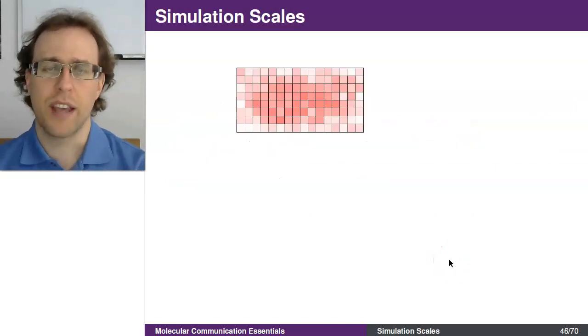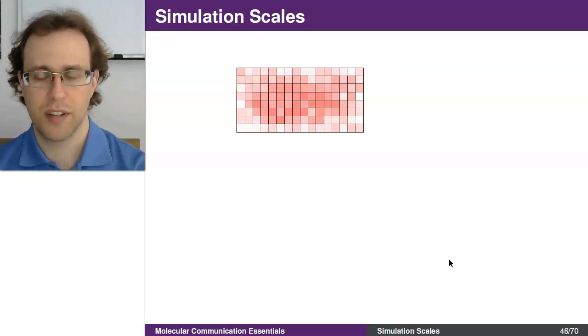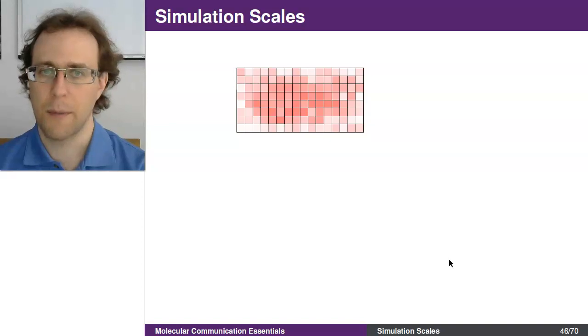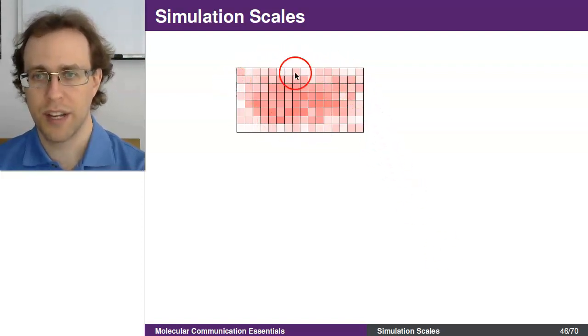So the simulation scales. Depending on the physical dimensions that you're considering and the levels of activity and the numbers of molecules that are involved, there are different scales that you can use. The first one is continuous, and it's represented here, where we've taken our physical environment and divided it up into a grid.